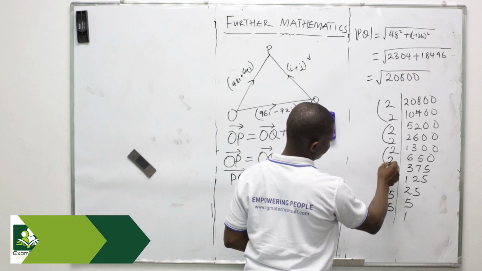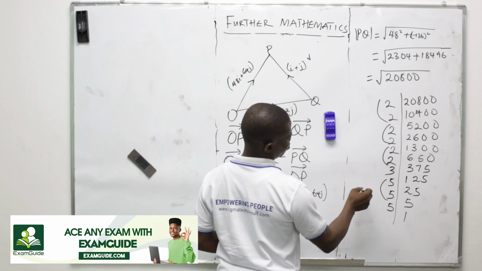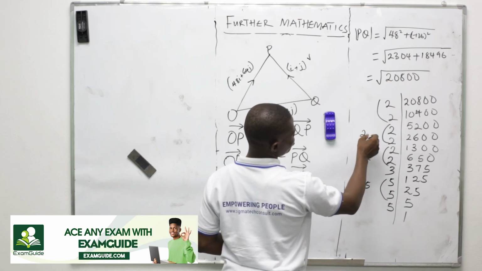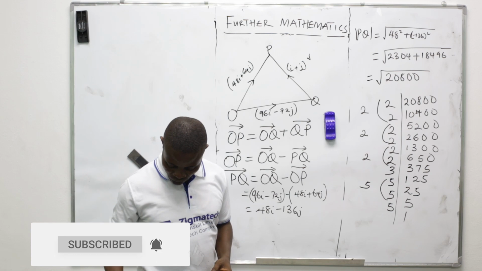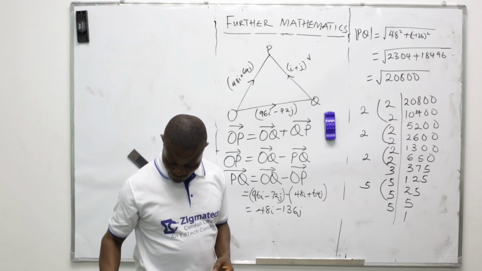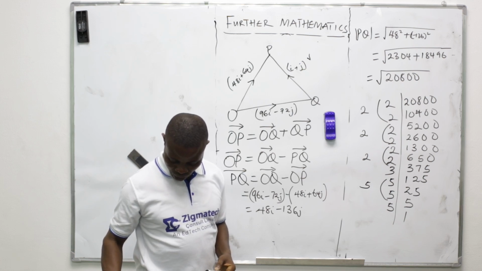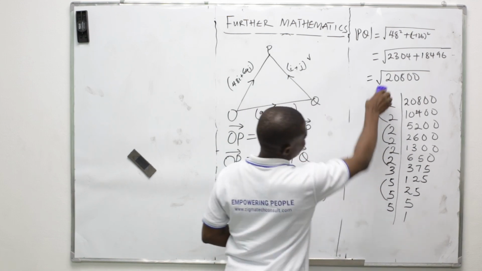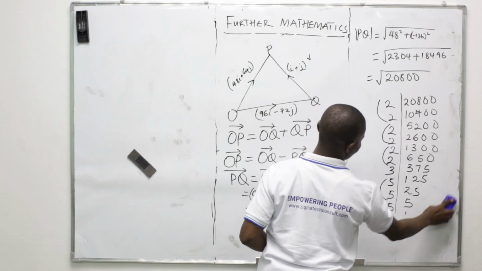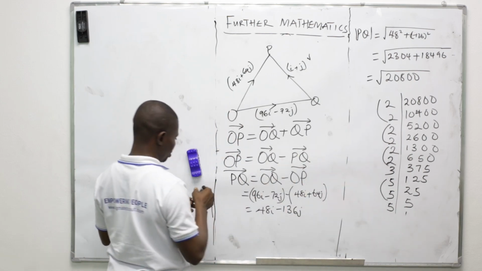So the factors are 5, 2, 2, 2, 2, 2, 5, 13, which gives 40 squared times 13. Expressing this in form of surd, 5 times 8 is 40.